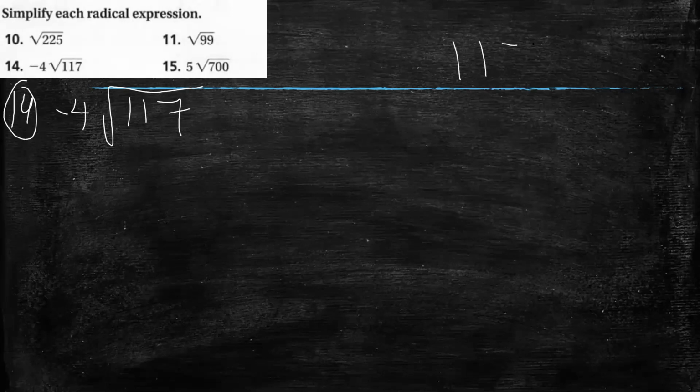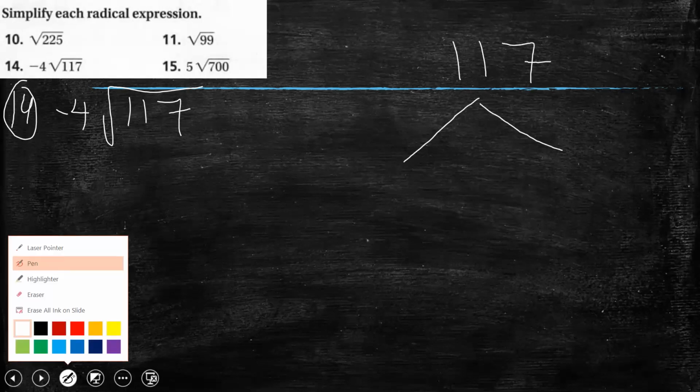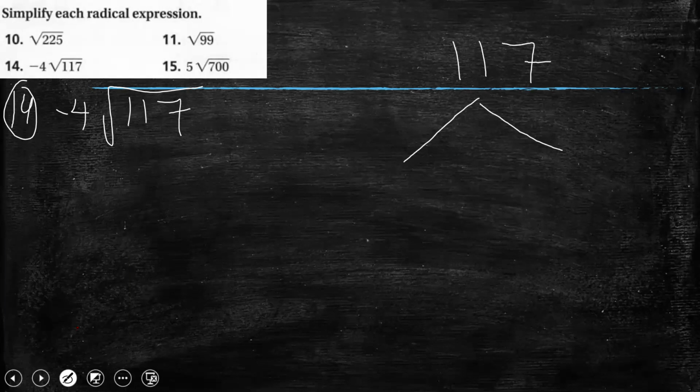I will write 117 here, make like a tree here. Yesterday we said that I want to see which two numbers, if I multiply them, I get 117. How can I know? I will add these three numbers here: 7 plus 1, 8 plus 1, 9.